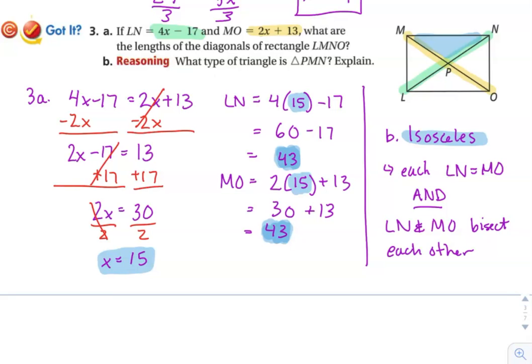So we know that LN and MO bisect each other. So that means MO is cut into congruent parts, so is LN. So each of those are going to be congruent. You can see you have two congruent sides within triangle PMN.